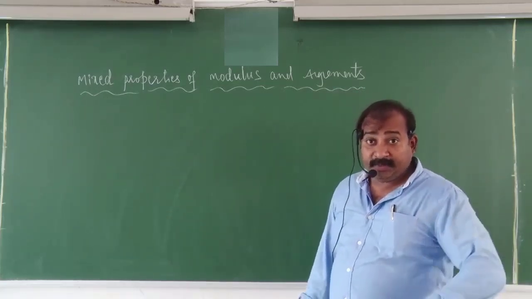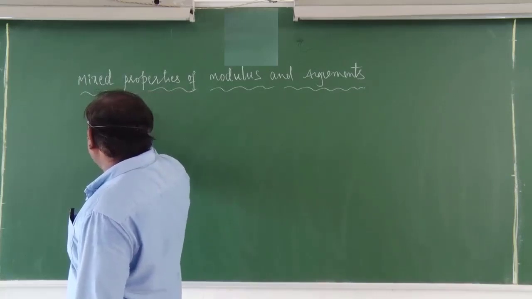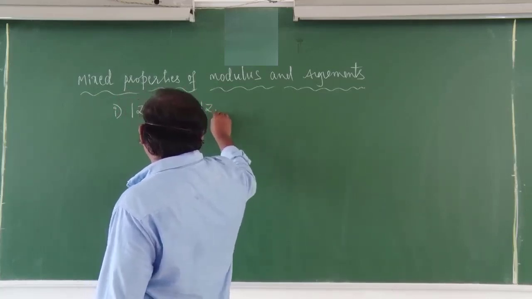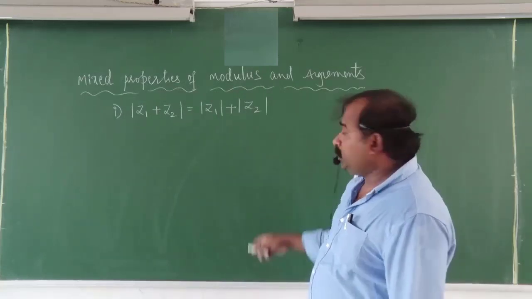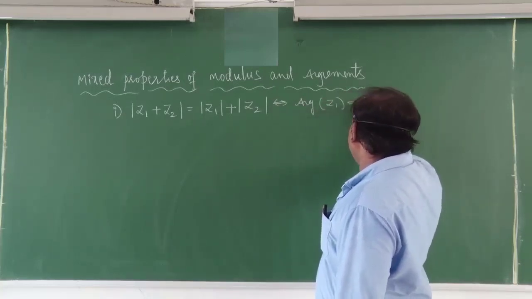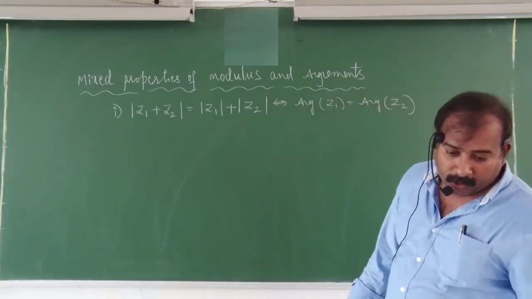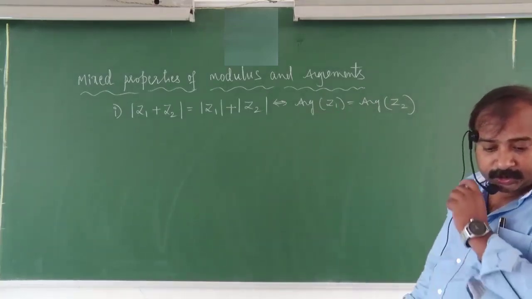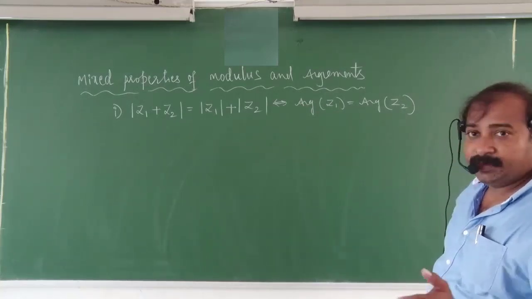Okay, listen all of you. What are the mixed properties? Here the first property given is: if modulus of Z1 plus Z2 is equal to modulus of Z1 plus modulus of Z2, if the value is given like that, then what is the relation between the arguments?